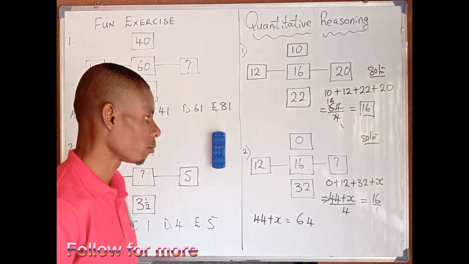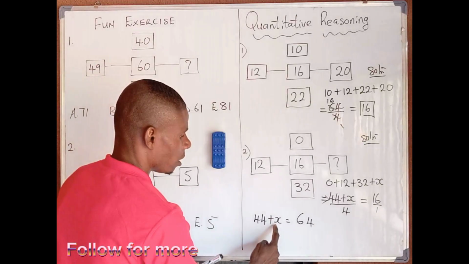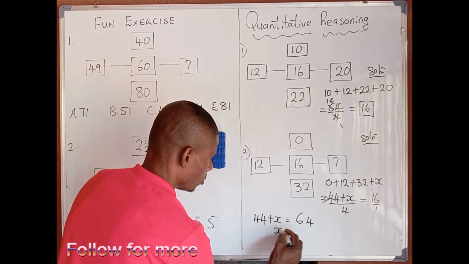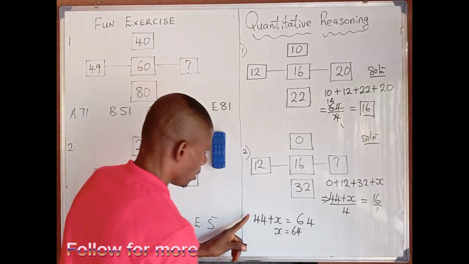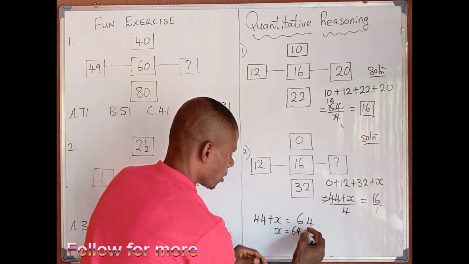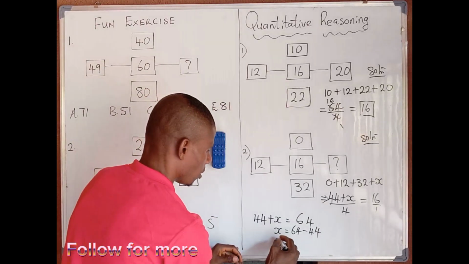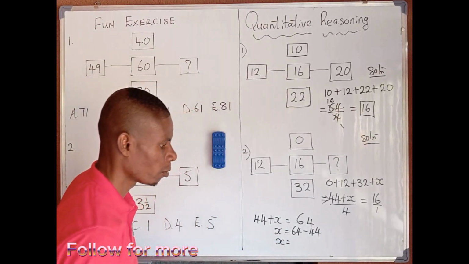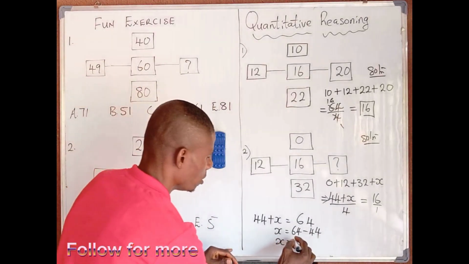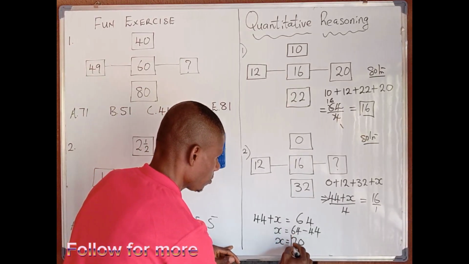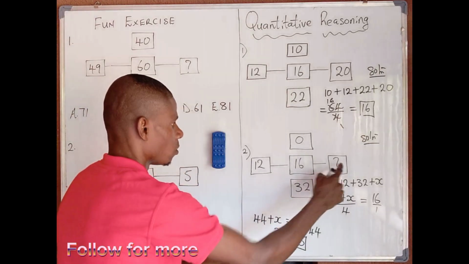We'll make x the subject. x will be equal to 64. Here it is positive, crossing the equality the sign will change to negative. So x is equal to 64 minus 44, which is 20. So it's expected that here is 20.